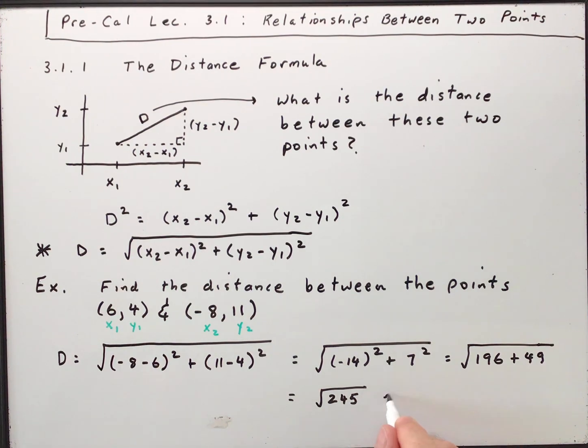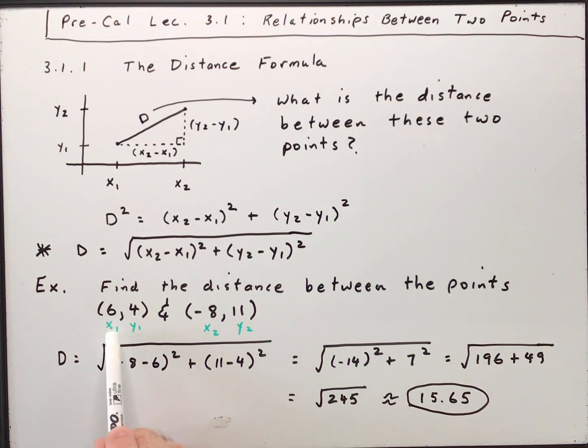Or you could put it in your calculator, and that'd be 15.65. So the distance between those 2 points is 15.65. And again, if you do it x1 minus x2, y1 minus y2, it's not going to mess things up, because when you square the number, it'll make it positive. Okay, so that's the distance formula. You have several on your worksheet for that.